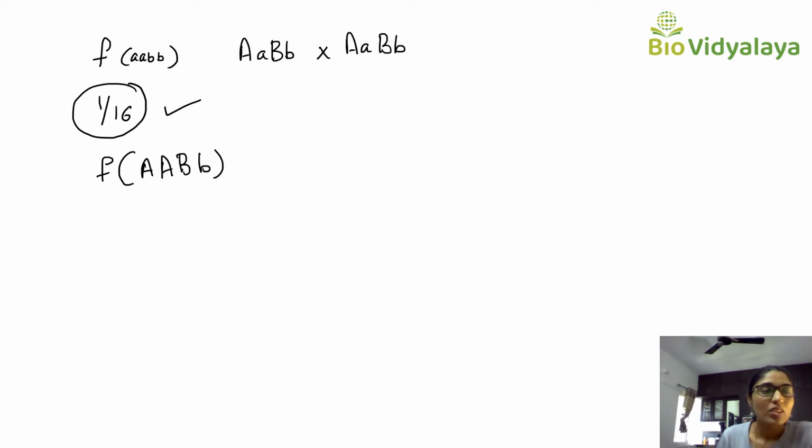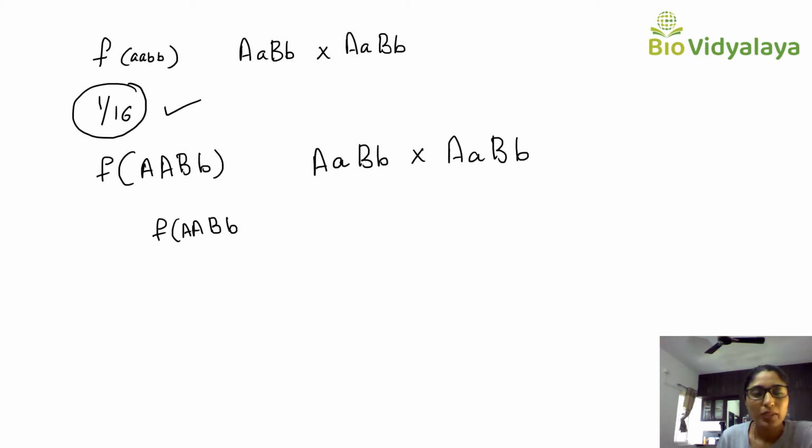So we have to cross capital A, capital B, small b with capital A, capital B, small b, and find the frequency of capital A, capital A, capital B, small b.